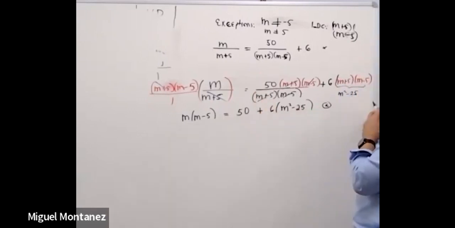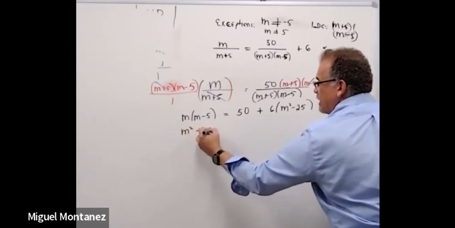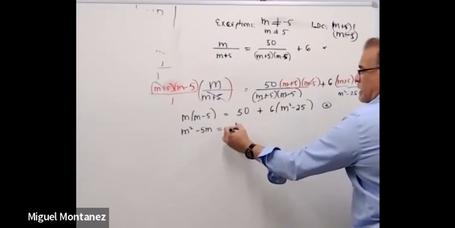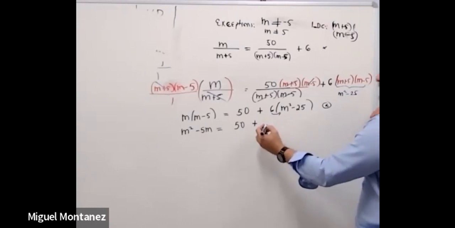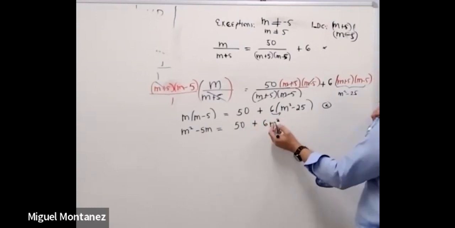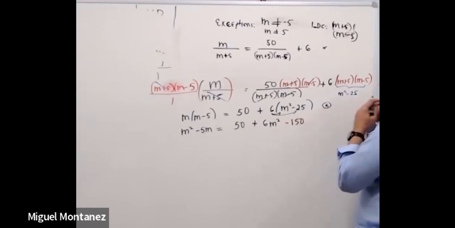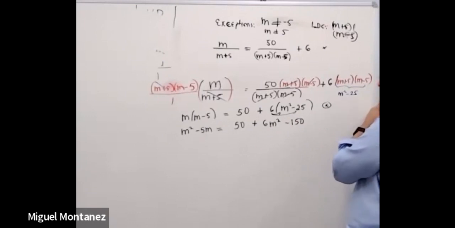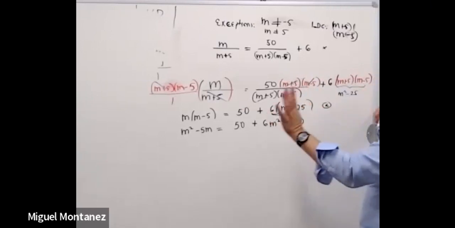Now we just have to break the parentheses. m times m, we distribute: m squared minus 5m equals 50 plus 6 times m squared, that would be 6m squared, and 6 times negative 25, minus 150. We ended up with a quadratic equation. As I always tell my students, let's set it equal to 0, except in one case, but this is not that case.